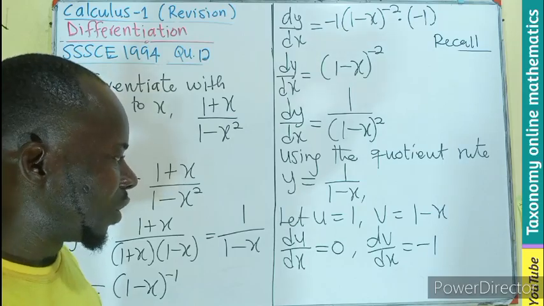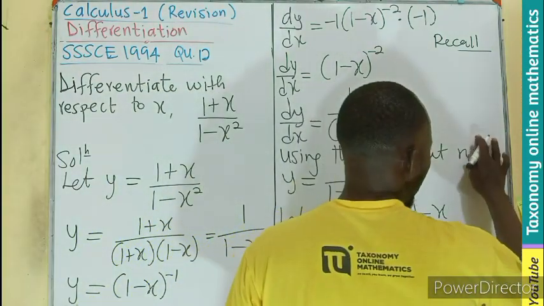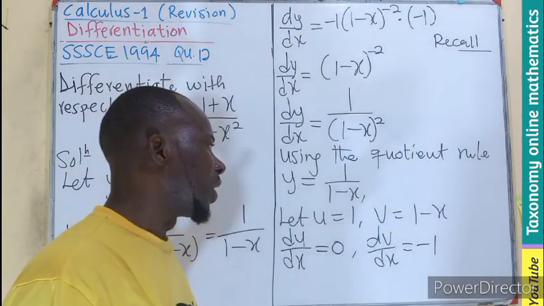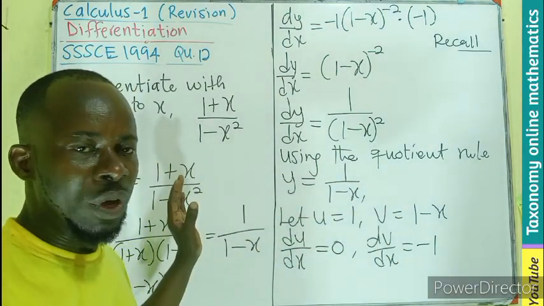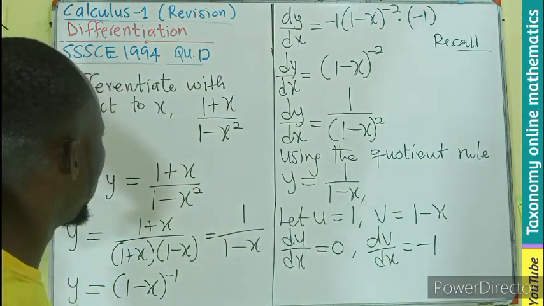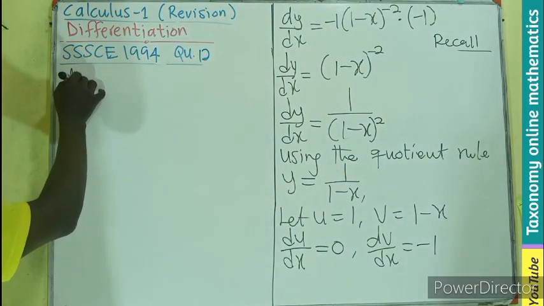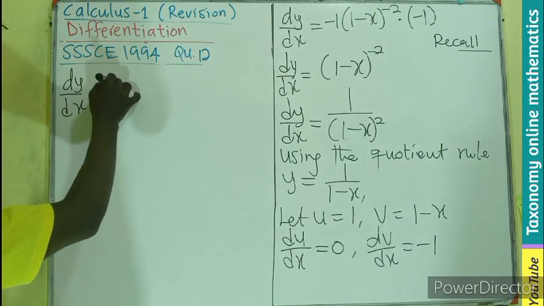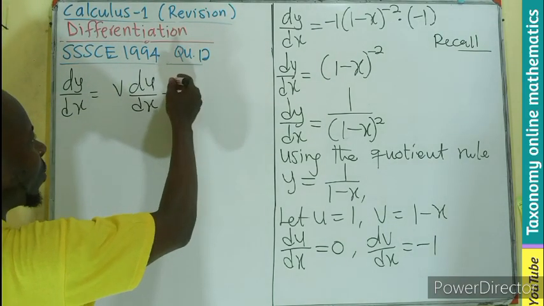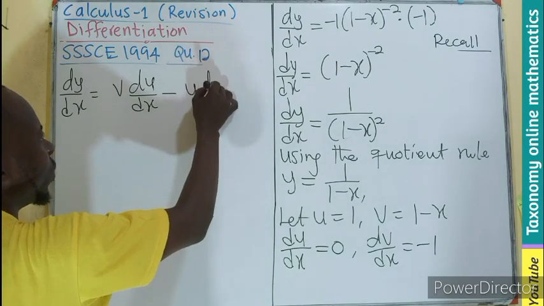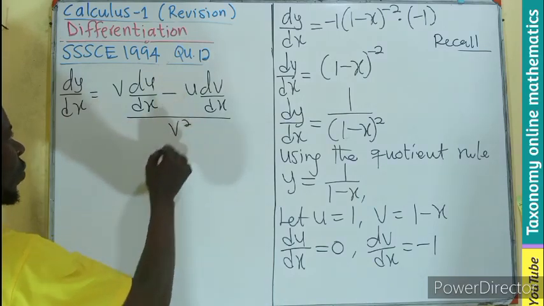So if we get this, we are now going to quote the quotient rule and substitute these values into it. Quoting the quotient rule, dy/dx equals (v du/dx minus u dv/dx) divided by v squared.